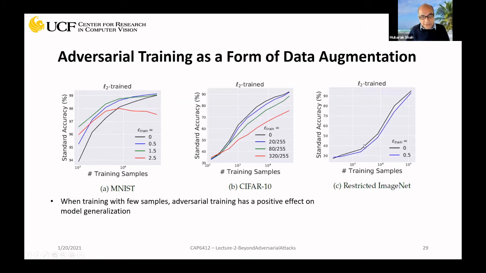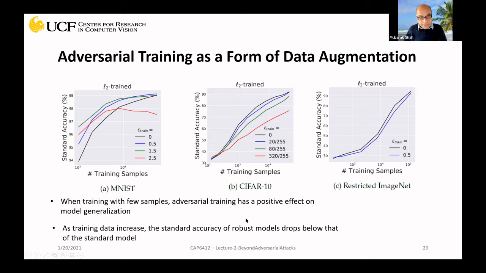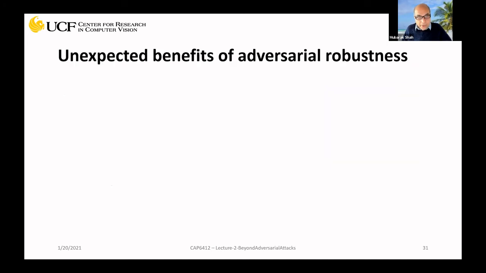But in this case here, we already have quite a few samples, so it's not making much difference. As the training data increases, the standard accuracy of the robust model drops below that of the standard model. Okay, so that's one point.